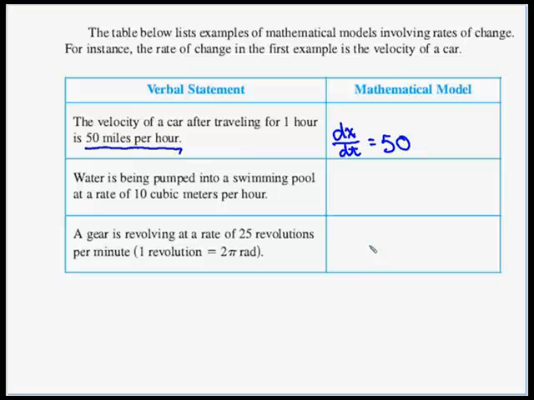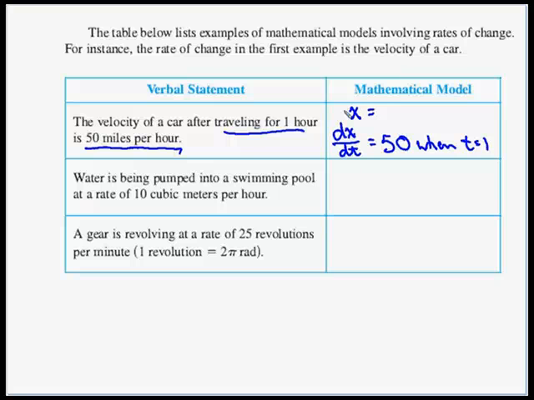And they also give us an initial condition. Remember, these are like a snapshot in time. When dx dt is equal to 50, when does that occur? Well, after traveling for 1 hour. So this is when t is equal to 1. So we have a rate of change equal to 50 at this point in time. So what does x stand for?